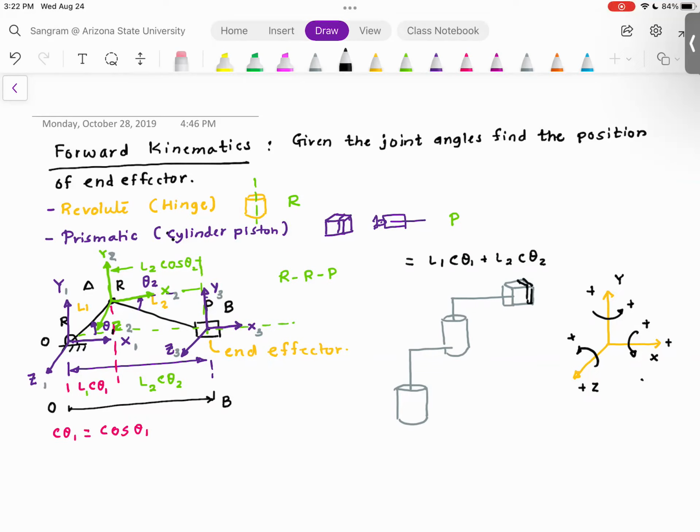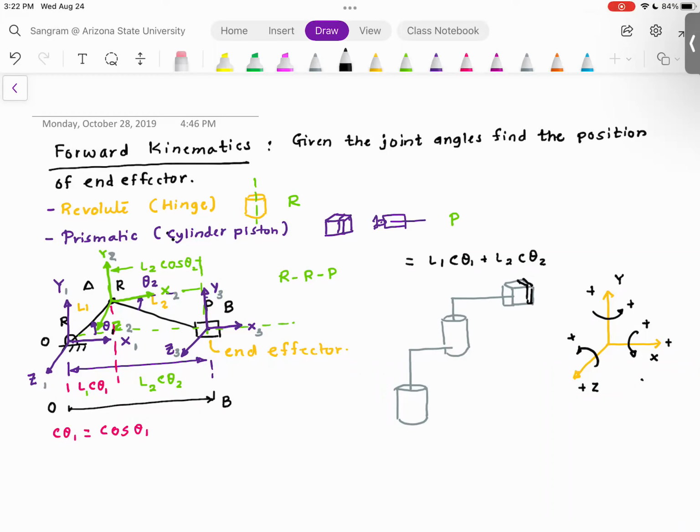So if I ask you to do a forward kinematic analysis or inverse kinematic analysis, I will never ask you to do it on this planar robot, but I will ask you to do this on this three-dimensional robot.